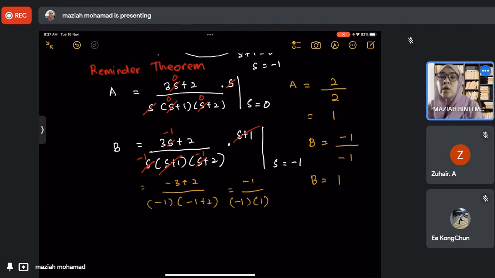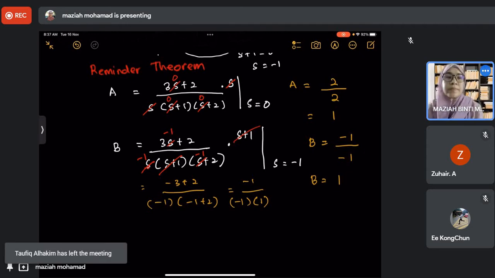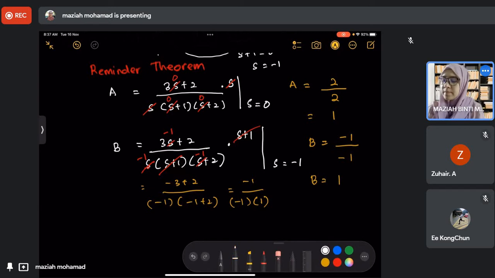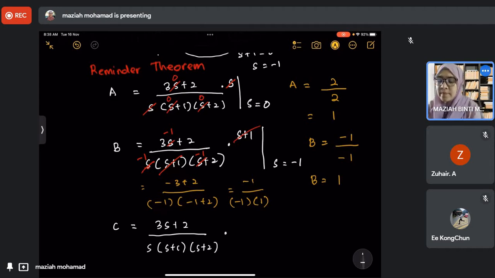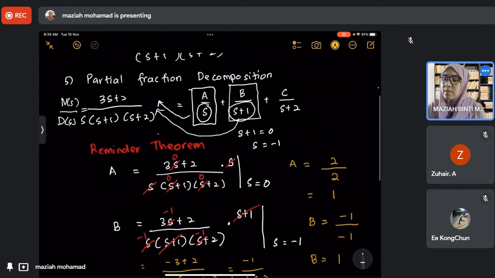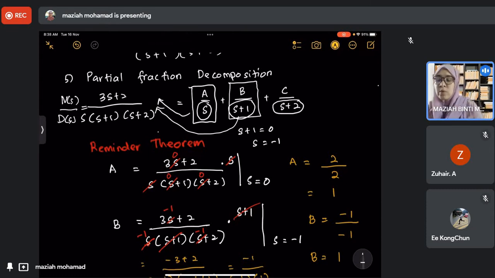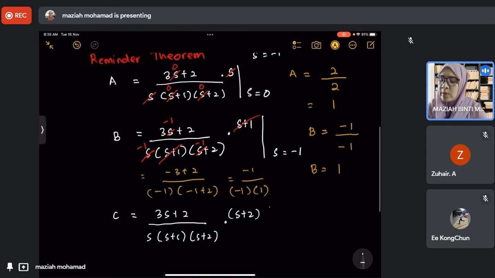All right, so let's try to do the same for C. C will equal the numerator (3S + 2) divided by the denominator S(S + 1)(S + 2), then multiplied with (S + 2), because here is S plus 2, so it will multiply with S plus 2, where we consider S equal to minus 2.